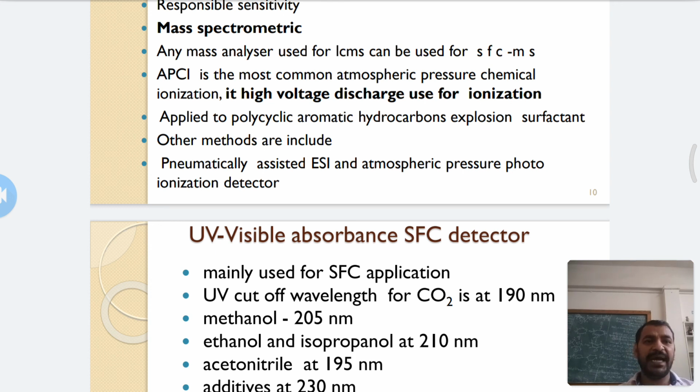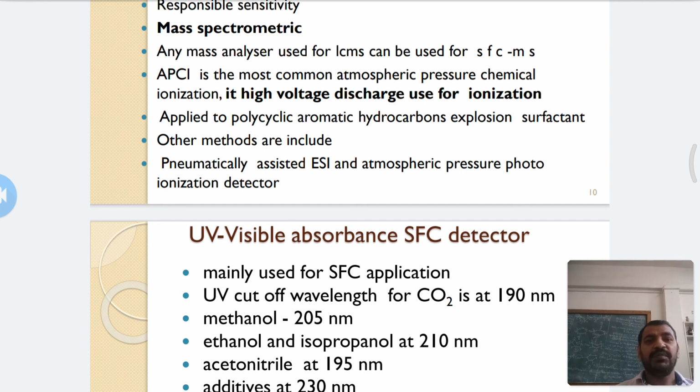It is applied to polycyclic aromatic hydrocarbons, explosives, surfactants, and then other modules are included.